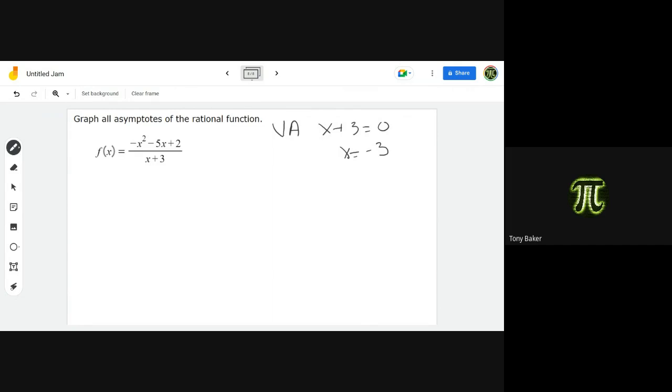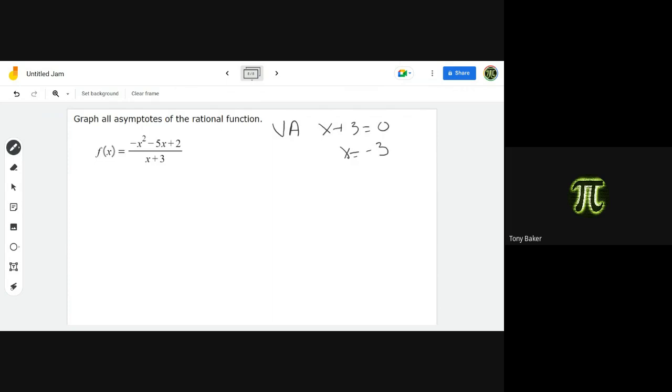The only time there is a slant asymptote is when the degree on the top is exactly 1 more than the degree on the bottom. The nice thing is, all the problems I just looked at, the only ones that have slant asymptotes are when it's a linear equation on the bottom.